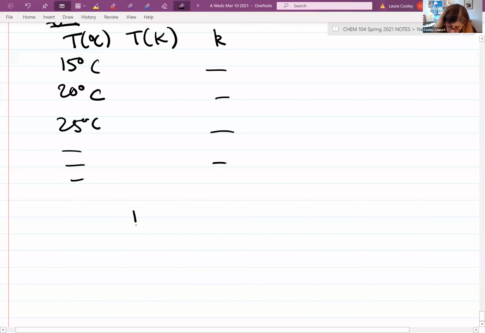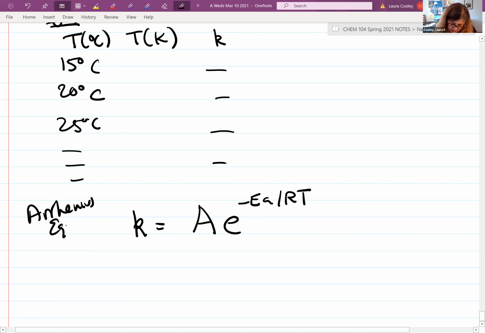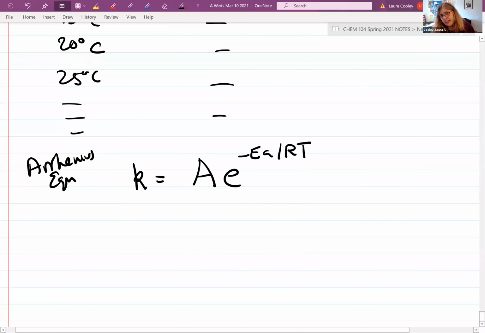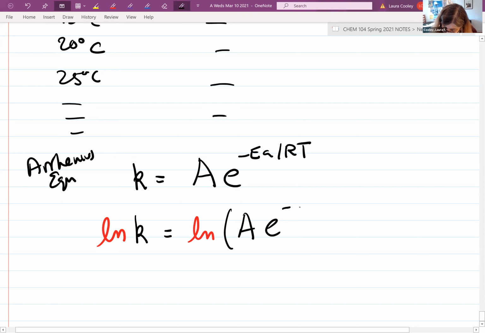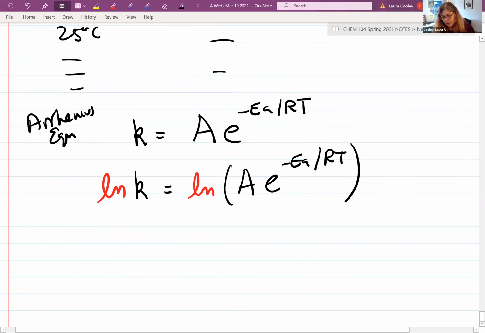Okay, so we have this relationship that we've been talking about all afternoon, the Arrhenius equation. And so if I take the natural log of both sides of this equation, this is still K, equals the log of A e to the minus EA over RT. So first I take the log of both sides.